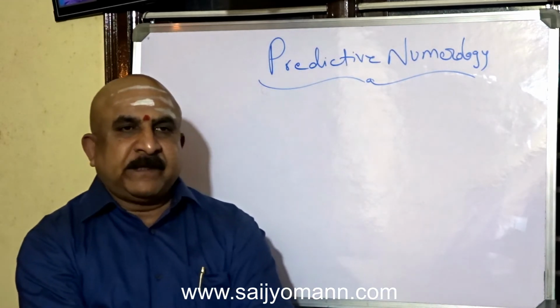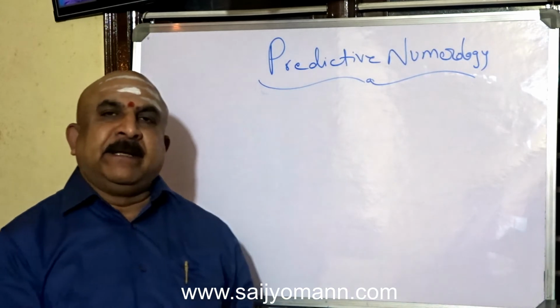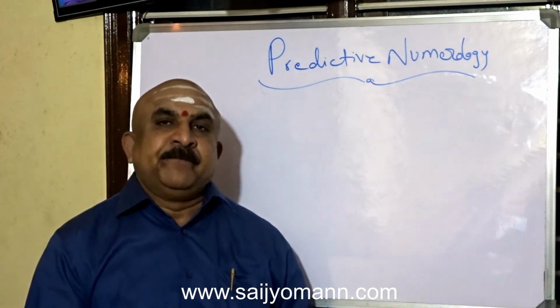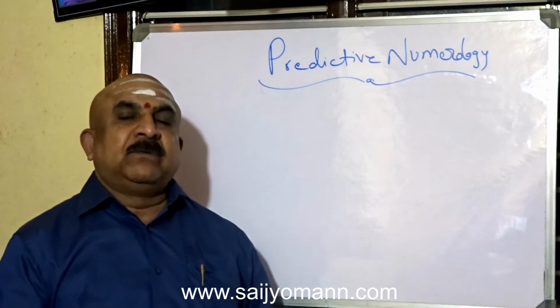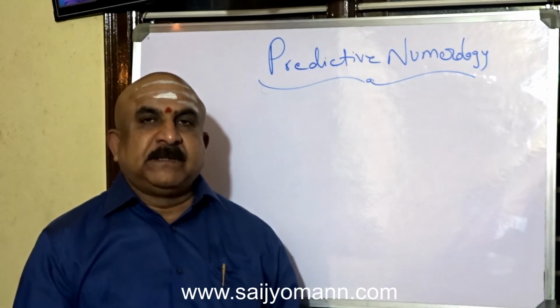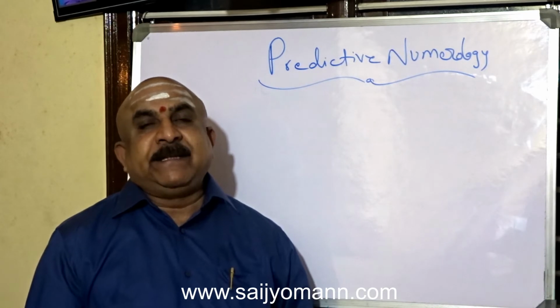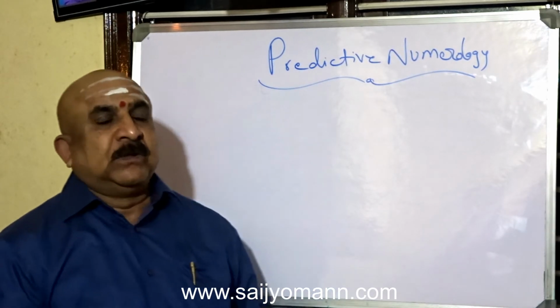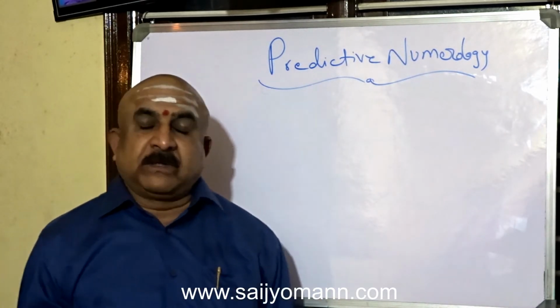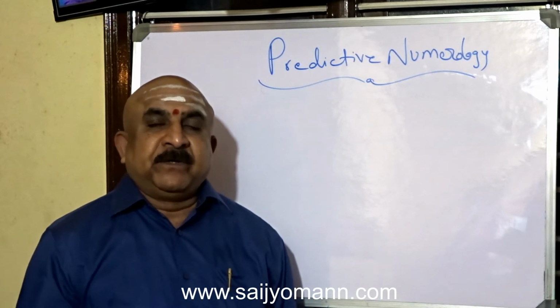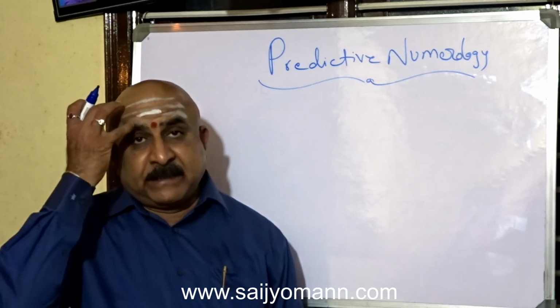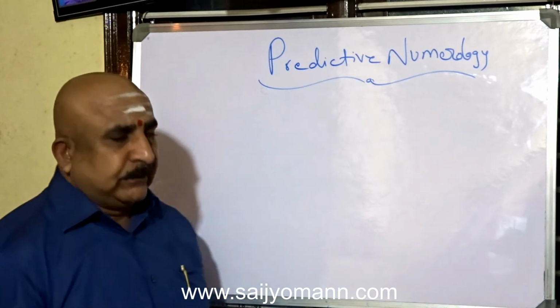Nowadays we are giving more interest in naming the child. For naming a child, what is important? The first basic thing is the numerical values for the alphabets. I told you, whatever alphabet you take, bring it to a single digit, and that will be the numerical value.